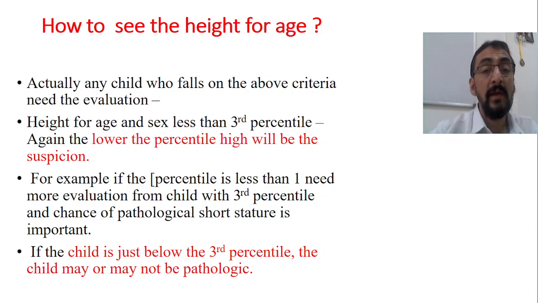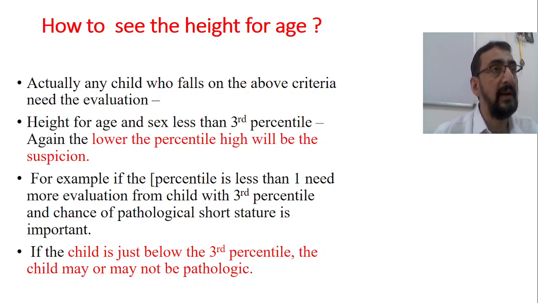A child having pathological short stature because of some disorders, maybe renal disorders, GIT disorders, something like that, also has the chance of developing a percentile less than 1.